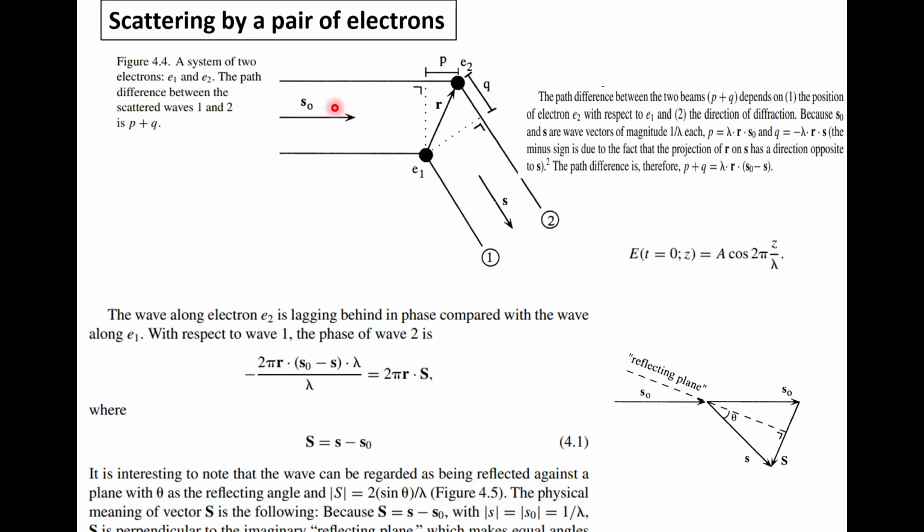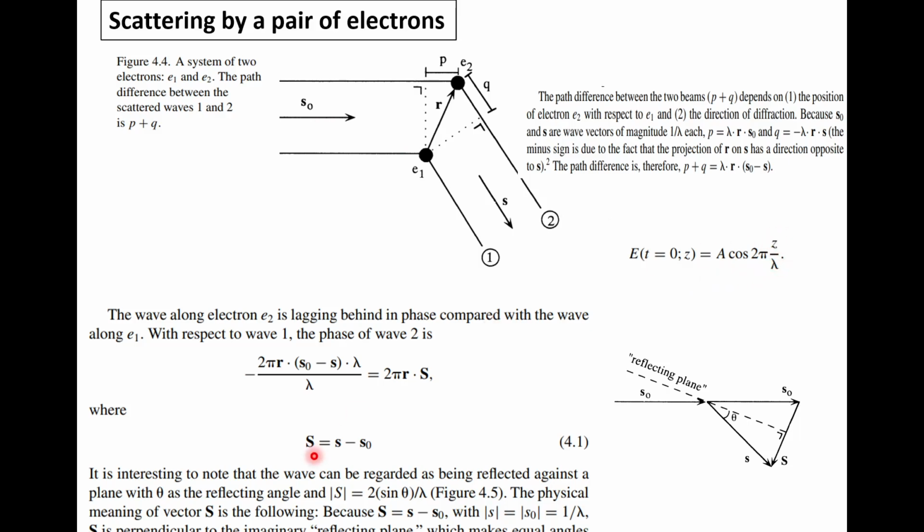Now if this is an electromagnetic wave, it will have an electric field and a magnetic field perpendicular to one another. Since we are mostly considering the electric field generated here, the electric field at time 0, where z is the path length, can be given by the equation a cos(2 pi z by lambda), where lambda is the wavelength of the light.